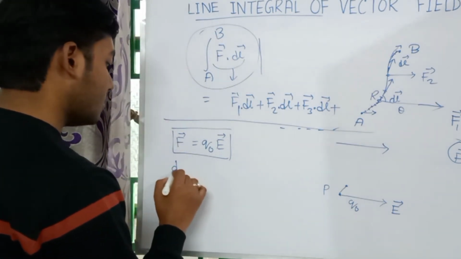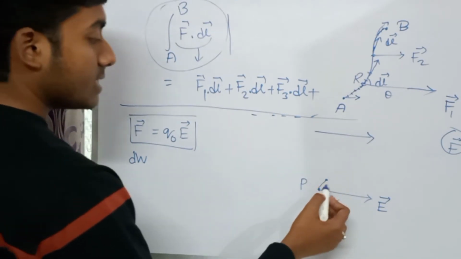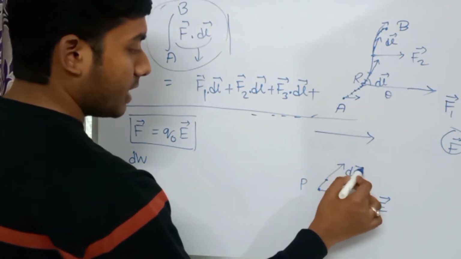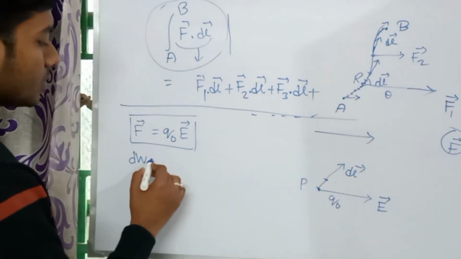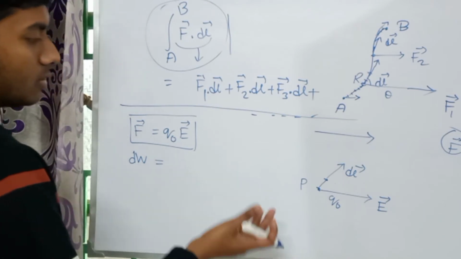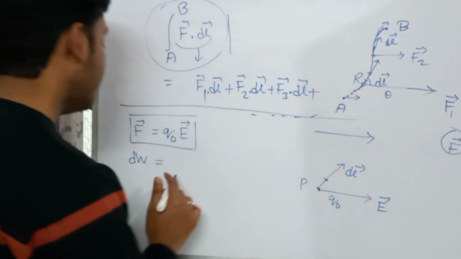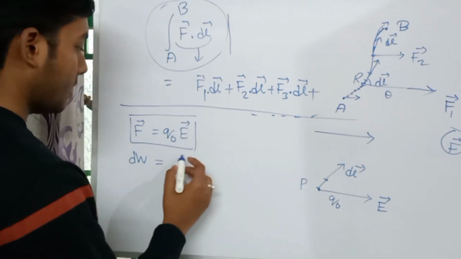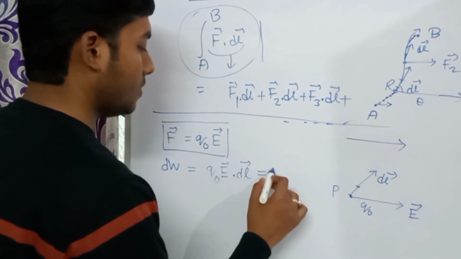As this is a very small distance, suppose this distance is dl, this is the displacement vector dl, this is its length. So dW, the small work done in this case, will be F dot dl, that is, q0 E dot dl.